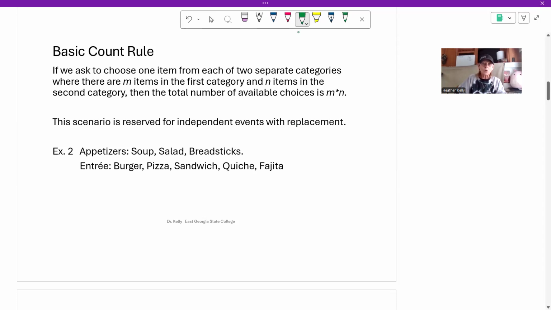How many options are there for appetizers? 1, 2, 3 options here. And there are 1, 2, 3, 4, 5 options here.